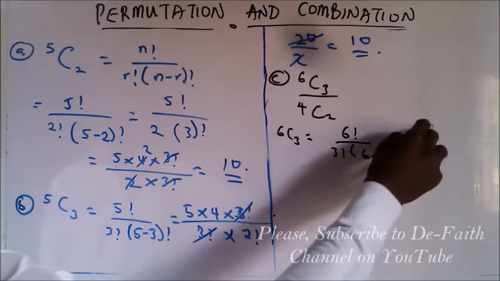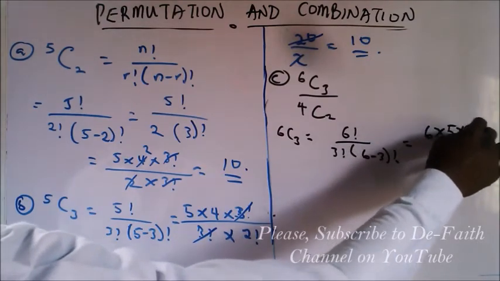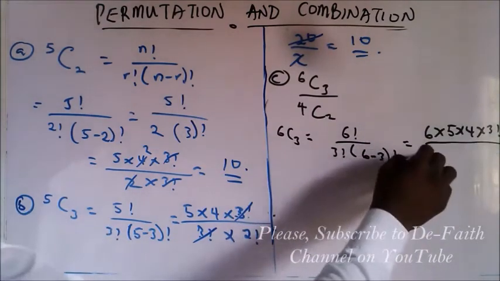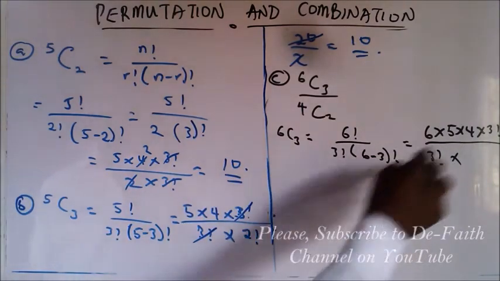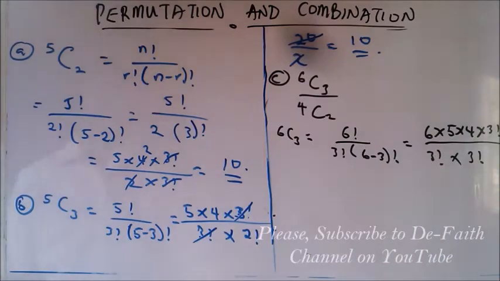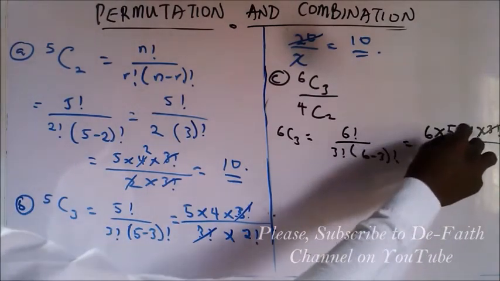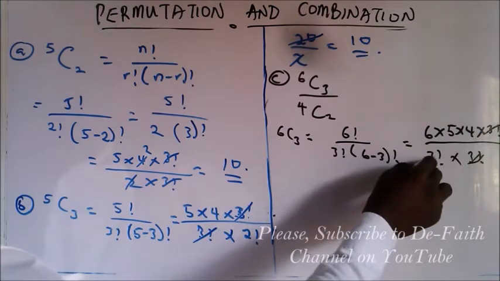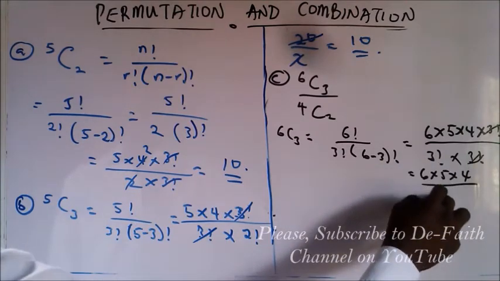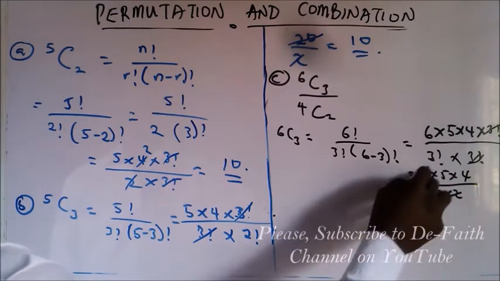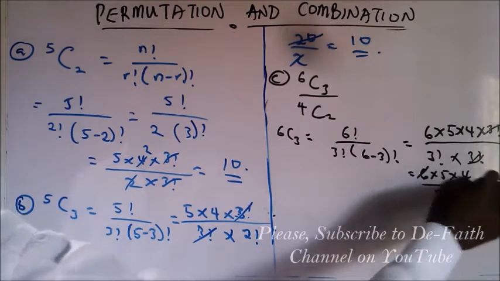Now that's equal to 6 times 5 times 4 times 3 factorial over 3 factorial multiplied by 6 minus 3, that gives 3. So we have 3 factorial. 3 factorial cancels 3 factorial, right? And then we have 6 times 5 times 4. Now take note that 3 factorial means 3 times 2, which is 6. So this cancels this. We are left with what? 20, right?